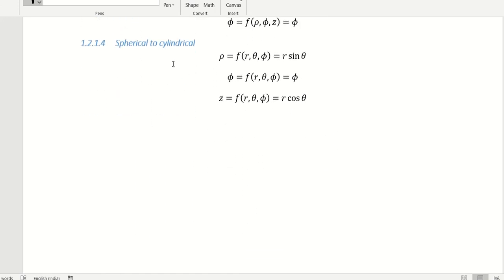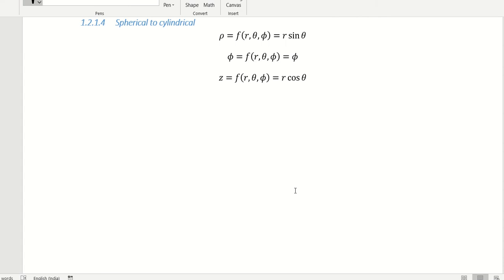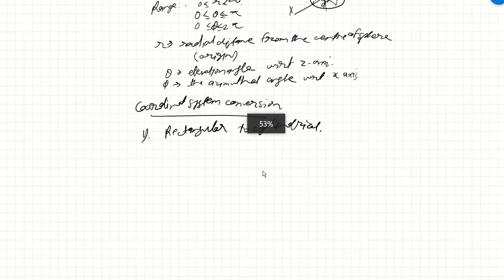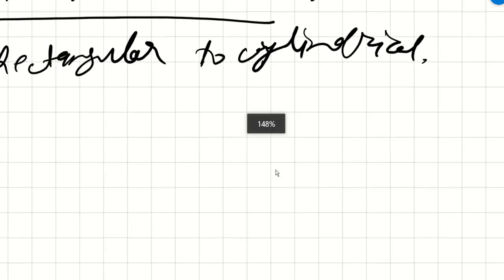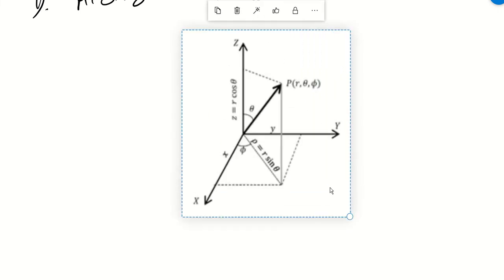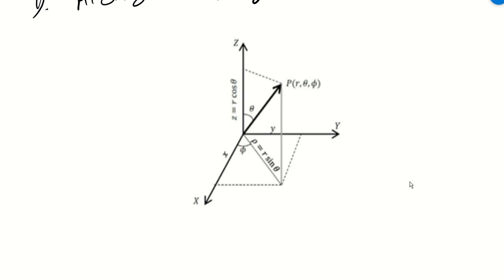For spherical to cylindrical, it can be very tough to memorize all these things, but from the diagram it is very easy to understand. So for your benefit, I will draw it here. This is a spherical coordinate, and my aim is to get this rho.